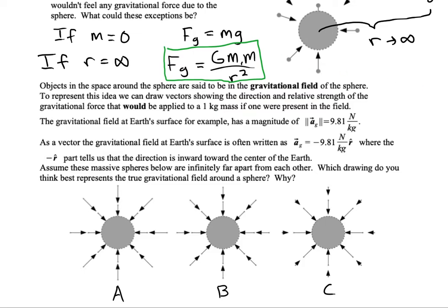According to Newton's findings, the correct answer here would be C. As we move away from a sphere of mass, the gravitational field actually decreases. And it gets down to 0 if we were to go all the way out to infinity. It'll be strongest near the Earth's surface.